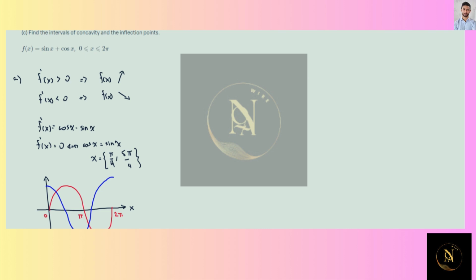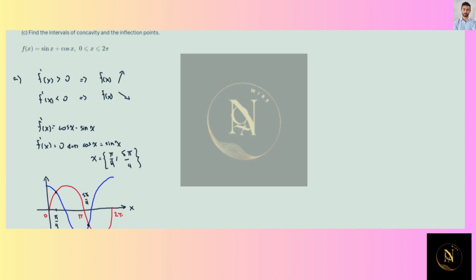So this here was our first point of intersection, pi over 4. And this here is our second point of intersection, 5 pi over 4.